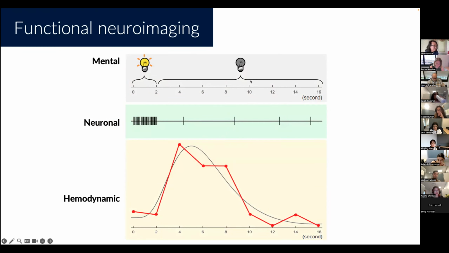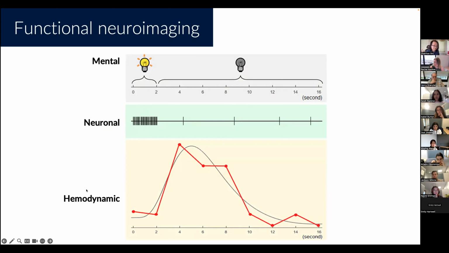You can imagine some neurons in your visual cortex will start to fire almost immediately when you turn on the light. That's the actual neural activity in the brain. Then this neural activity will cause changes in the ratio between oxyhemoglobin and deoxyhemoglobin, which get detected by the MRI scanner and turned into an fMRI signal, which is a hemodynamic signal.